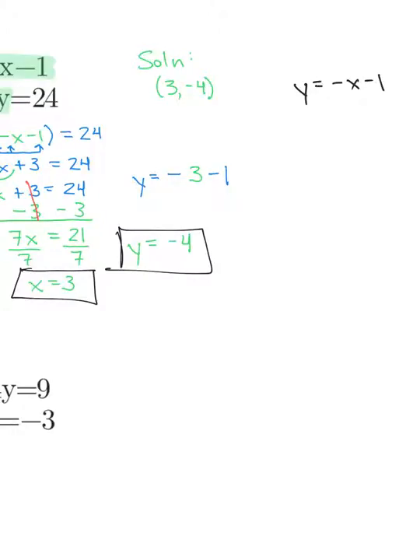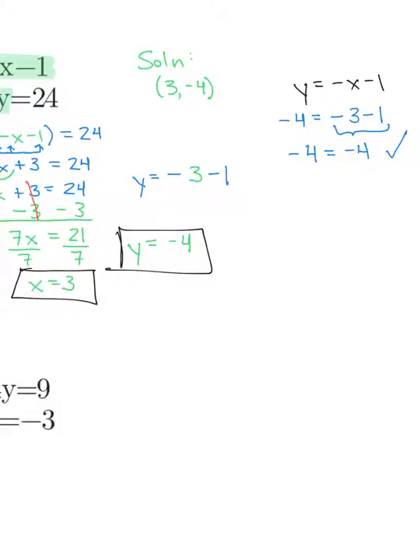If we plug in, we get negative 4 equals negative 3 minus 1. If we simplify the right side, we get negative 4 equals negative 4, and that checks out.